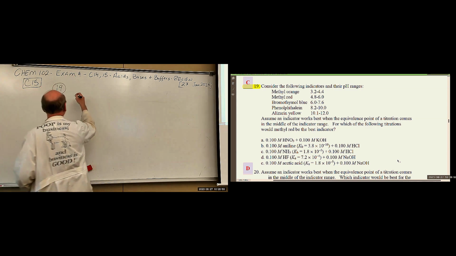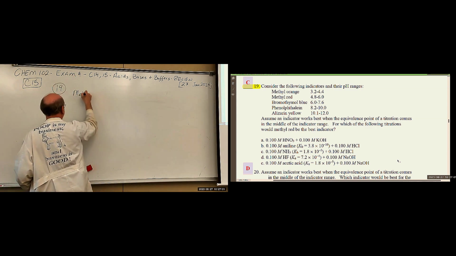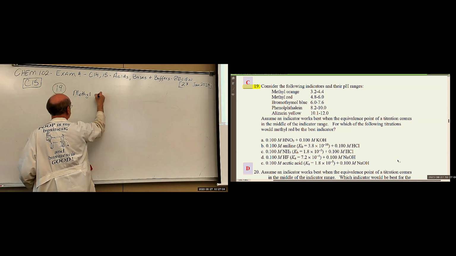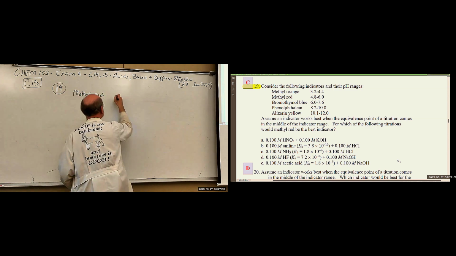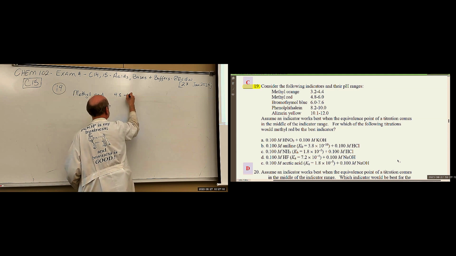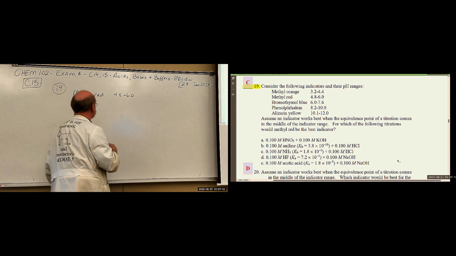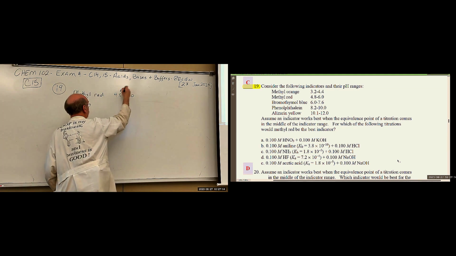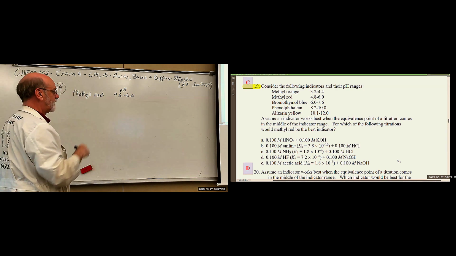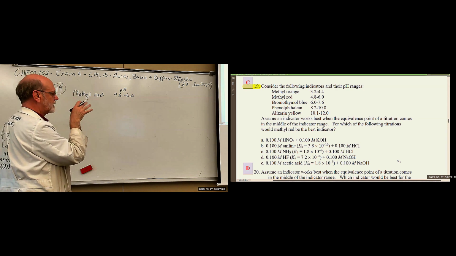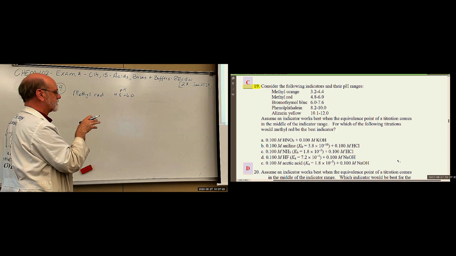So methyl red changes color on the pH range of 4.86 to 6.0. Right, that's its pH range. So which one of these would work best?